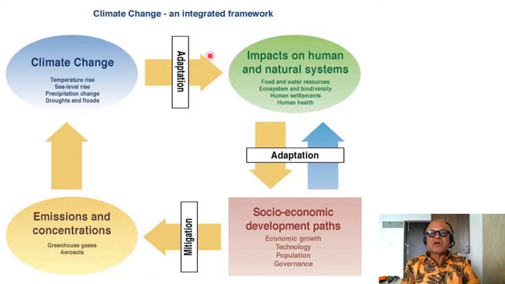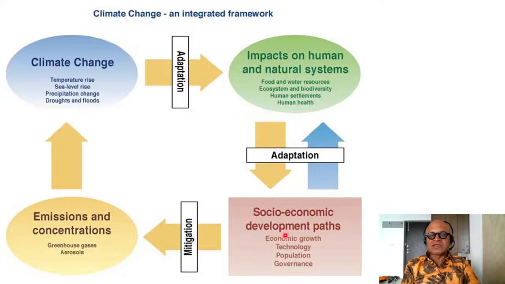So now it is included, with impacts on human and natural systems like flood and water resources, ecosystem and biodiversity, human settlements, and human health being the impacts or outcomes of climate change to which society has to adapt. And adaptation and socioeconomic development paths were considered interacting with each other.